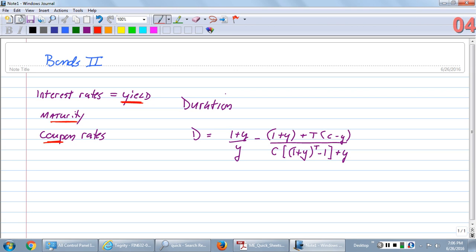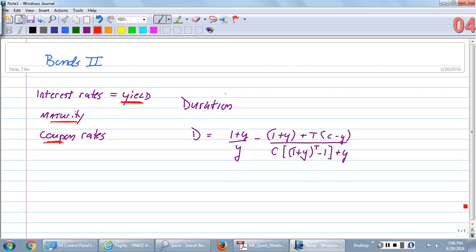If on the other hand we thought rates were getting ready to drop, we know there's a positive price effect, so we might consider increasing the duration of our bond portfolio, because then when rates go down we would get a bigger price increase.